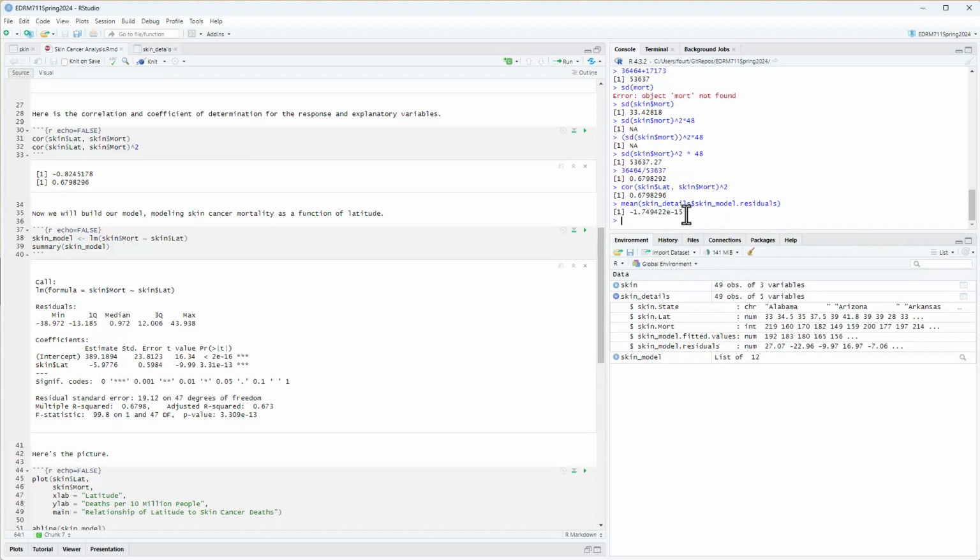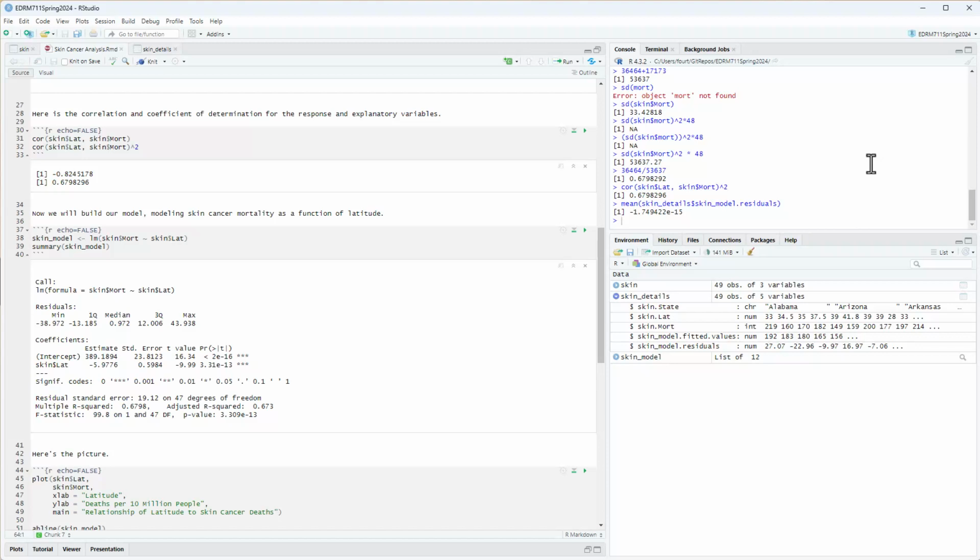Now, R is doing a calculation in which it's got decimal points to a finite place, so that's why you're getting this funny looking number. But remember, e to the negative 15 means 10 to the negative 15, which means move that decimal point 15 places to the left, 0.00000, and so on. So it's essentially 0.